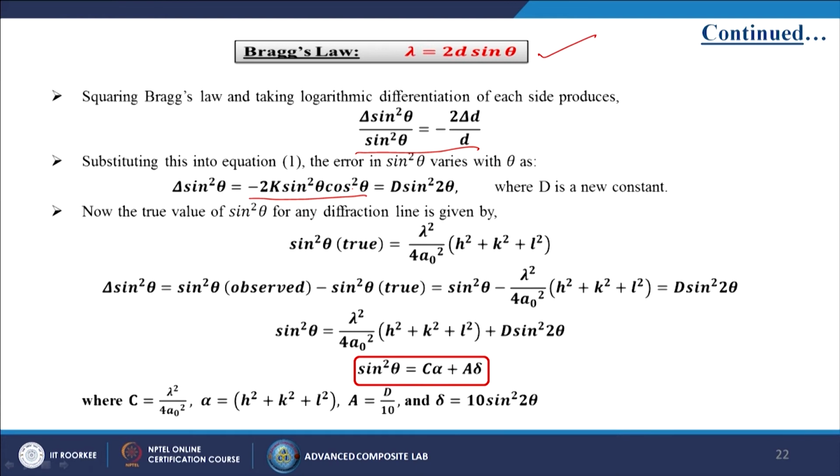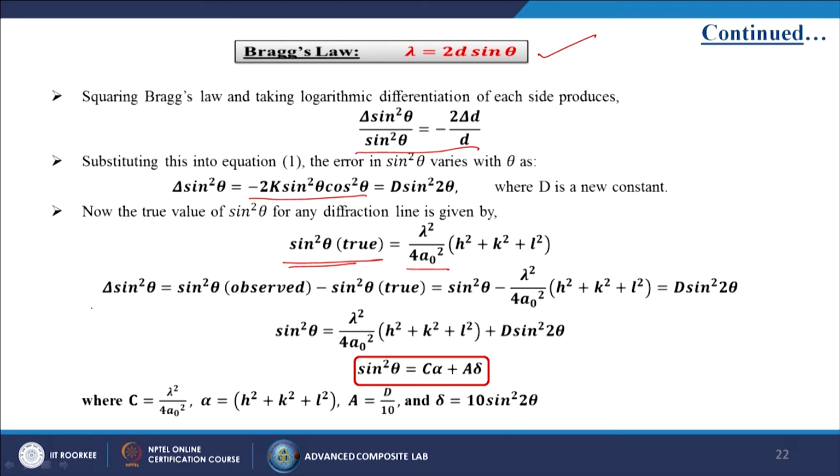Here D is minus K. Now the true value of sin square theta for any diffraction line is given by sin square theta true equal to lambda square by 4 a naught square into h square plus k square plus l square.